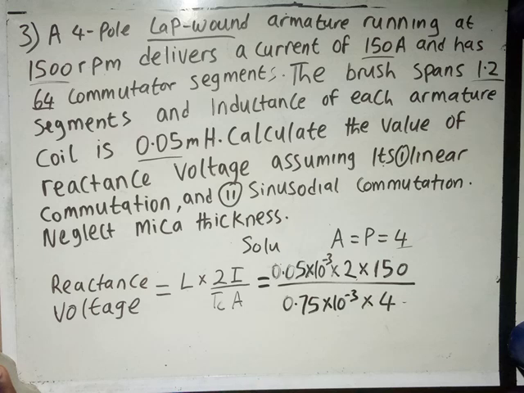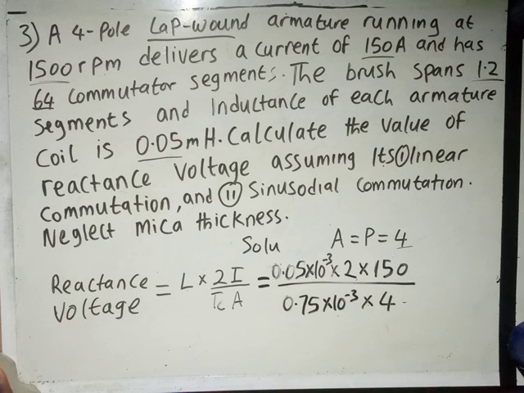Okay, now inputting our values, we have 0.05 times 10 raised to power minus 3 times 2 times 150 over 0.75 times 10 raised to power minus 3 times 4.